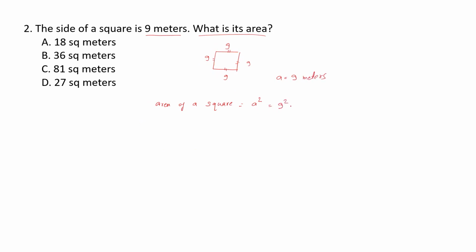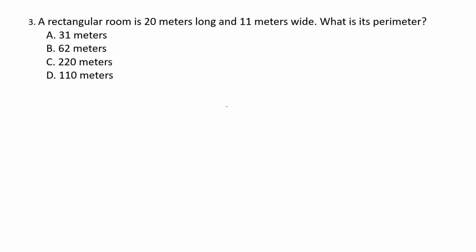So 9 square, that means 81 meter square. So 81. Option C is correct. As I told you, solving problems is not difficult, but knowing the terminology is important, and the formula.